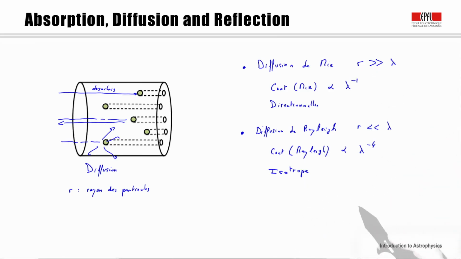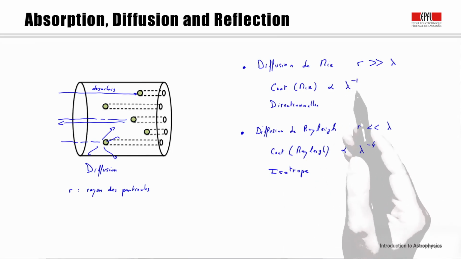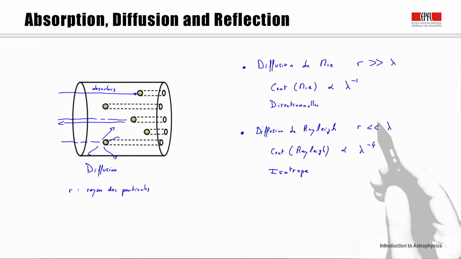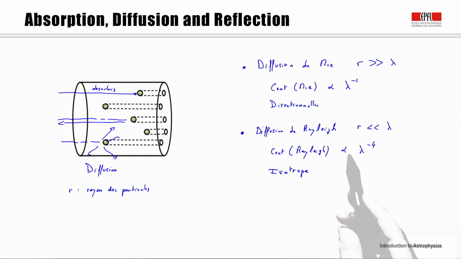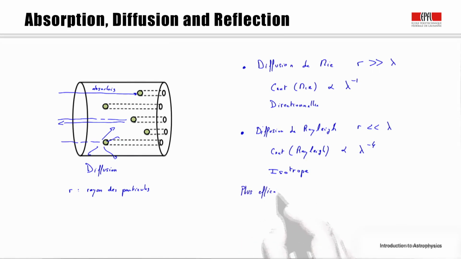In conclusion, if light is scattered by large grains, the scattering is directional and is more efficient for shorter wavelengths. The dependence law is lambda to the minus 1. The Rayleigh scattering arises for small particles. It is isotropic. It also depends on the wavelength. It is more effective for the blue light than for the red light because of the dependence of the extinction coefficient as lambda to the minus 4. Both types of scattering are more effective for shorter wavelengths.